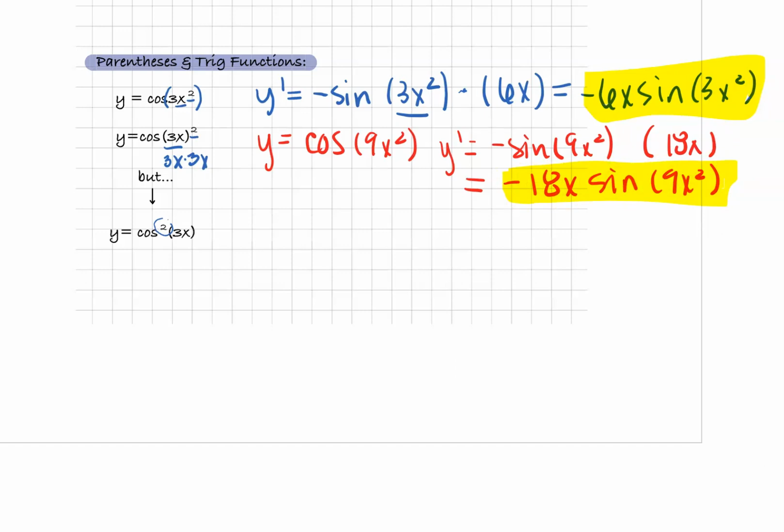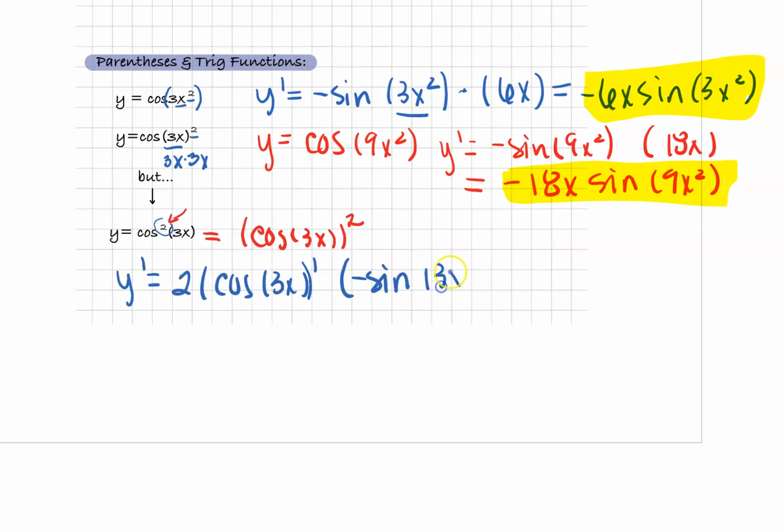Let's work this last one out. And so if I say y prime is equal to, remember algebra first with this symbol here. And so that would be cosine of 3x, and that would be squared. And so my derivative would be 2, bringing it down, cosine of 3x to the first, times the derivative of the inside, which is negative sine of 3x, times the derivative of this inside, 3.